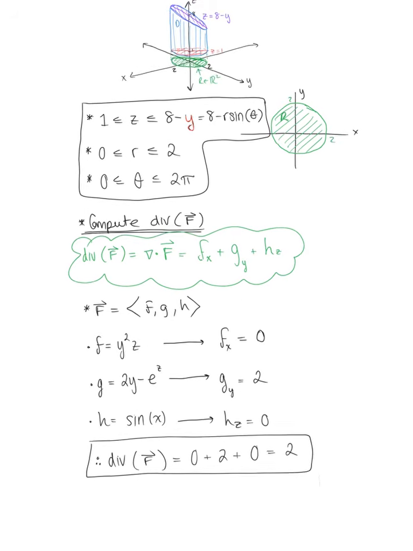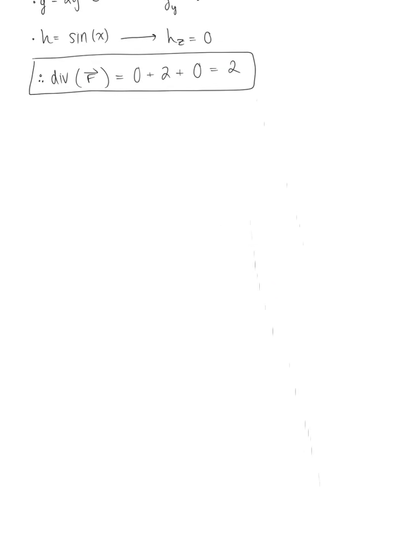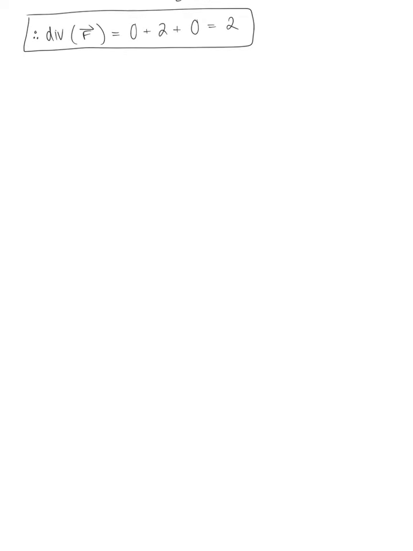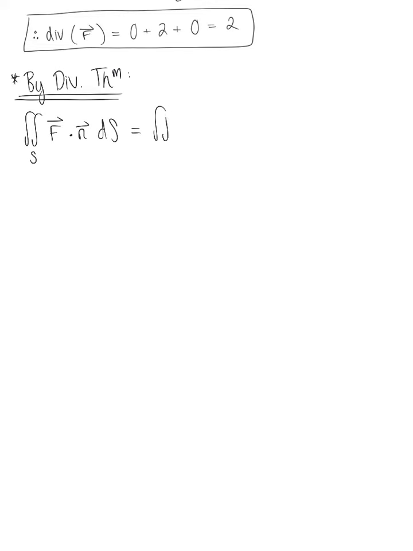And we're ready now to go ahead and evaluate the surface integral using the divergence theorem. So by the divergence theorem, we are taking our surface integral over S of the vector field dotted with the normal vector dS and converting this to the triple integral over the solid region D of the divergence of the vector field dV.